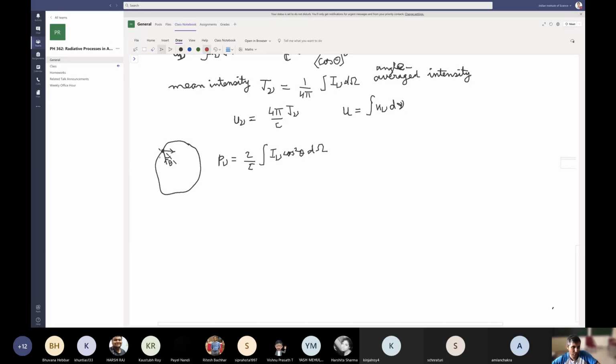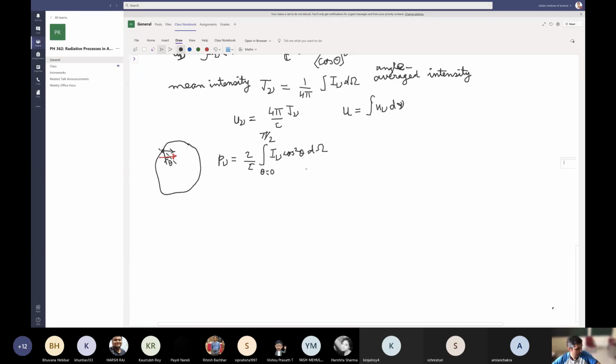If a photon is going in a direction which is not towards the normal, it is not reflected. So that's why this theta goes from 0 to pi by 2 instead of 0 to pi, as we considered previously, when we didn't consider any surface.